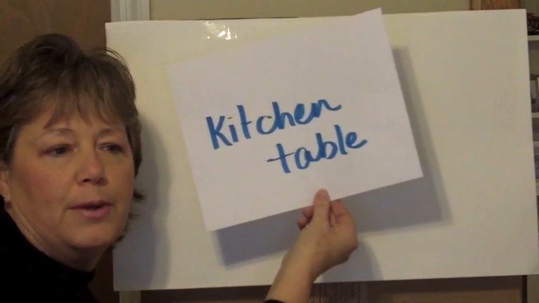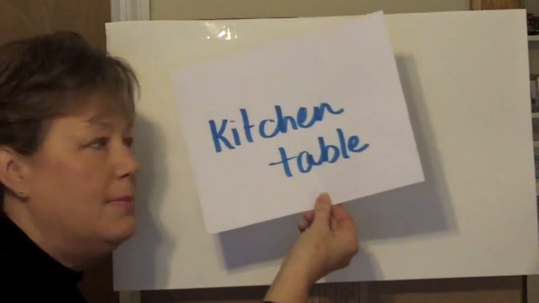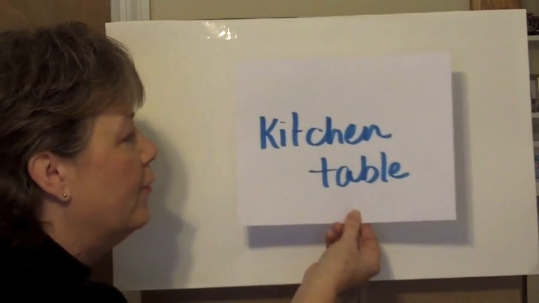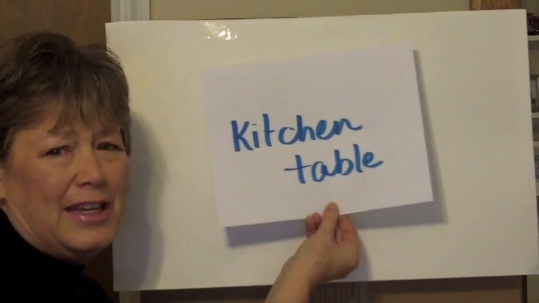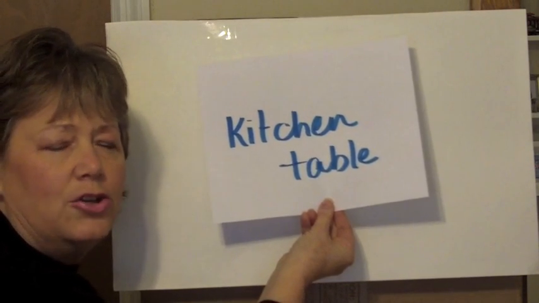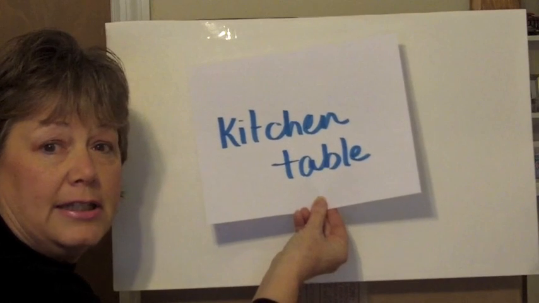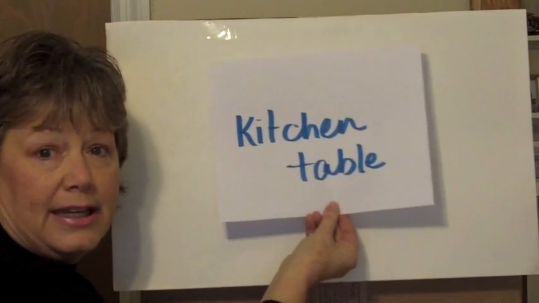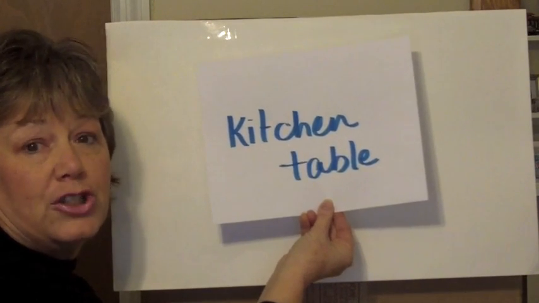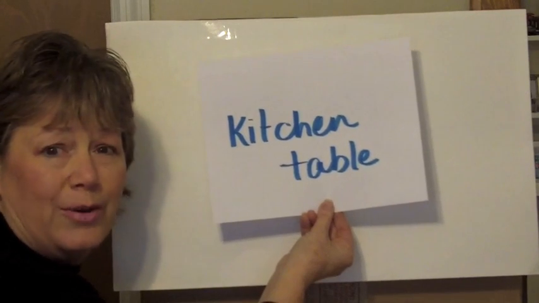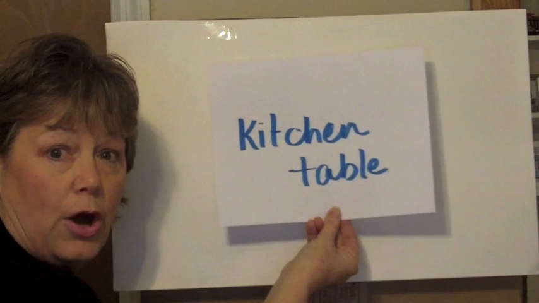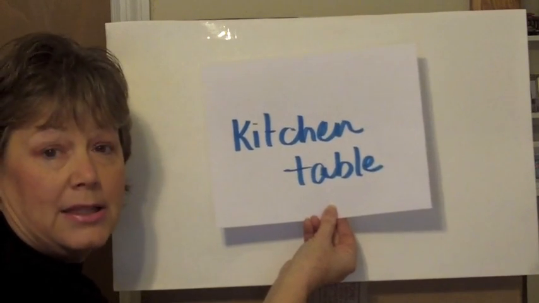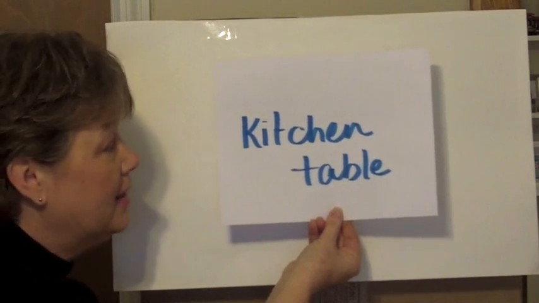And that would determine what tool we use to measure it. And probably for the average kitchen table, you would either want to know it in feet or inches or something like that. So you probably use a yardstick or a meter stick to measure your kitchen table. You may want to know it in feet, so you could use a metric ruler or a customary ruler if you wanted to know it in a smaller increment.